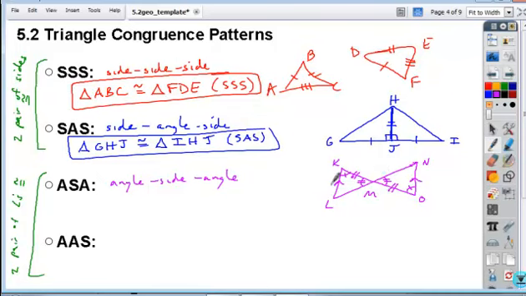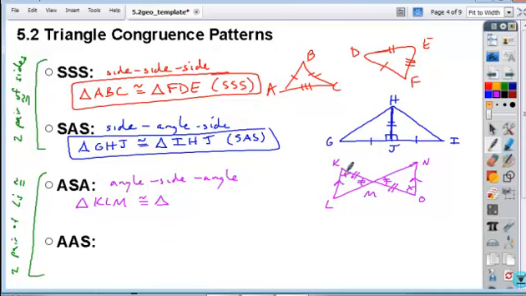So when we look at the whole set of triangles, the pair of triangles, we have two pair of angles that are equal plus the included side. That is our pattern ASA. Okay, so we can write the statement that triangle KLM is congruent to triangle, and then we map on the corresponding pieces.